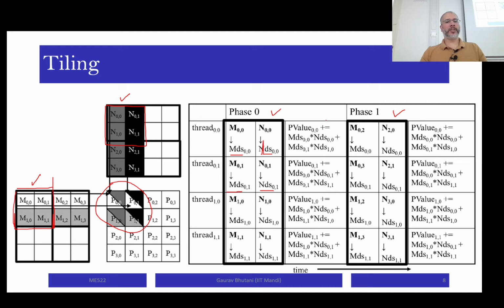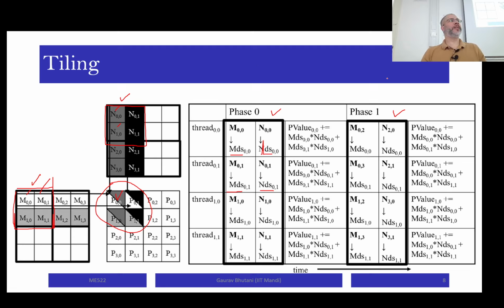Now, thread 00, which needs to calculate P00, uses these elements M00, M01 and these elements N00, N10 to calculate some part of its multiplication. All the threads do that, because of the way block multiplication works: you use these two tiles to do half of the computation.